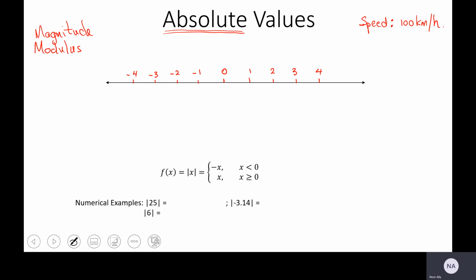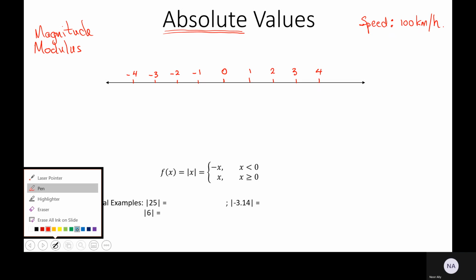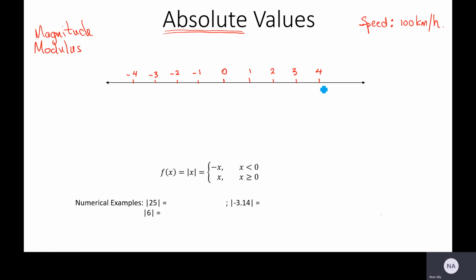Now, if I look at the number 4, I notice that the distance from 0 to 4 is 4 units. But I can do likewise with -4.